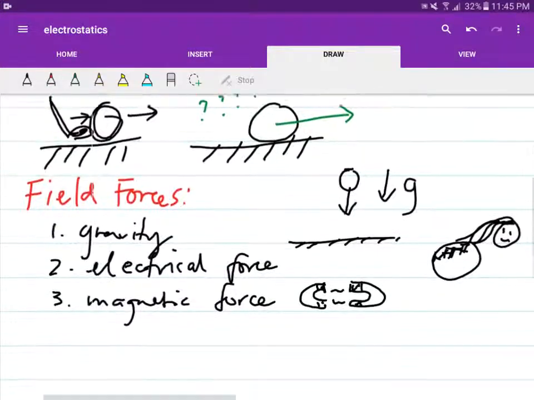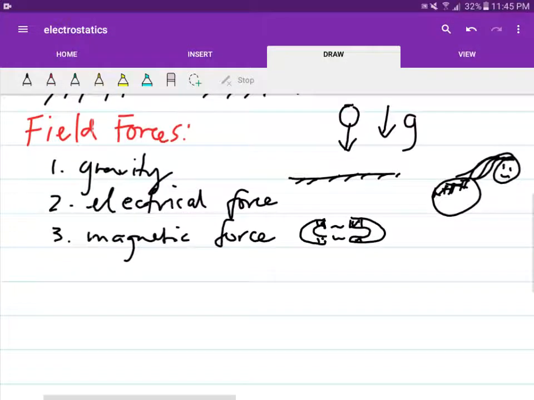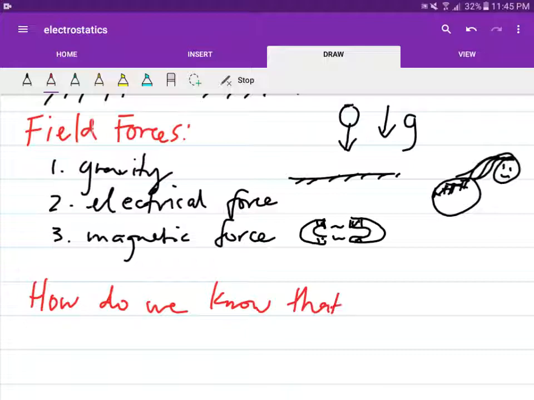So with these kinds of observations, how do we know that these forces exist?